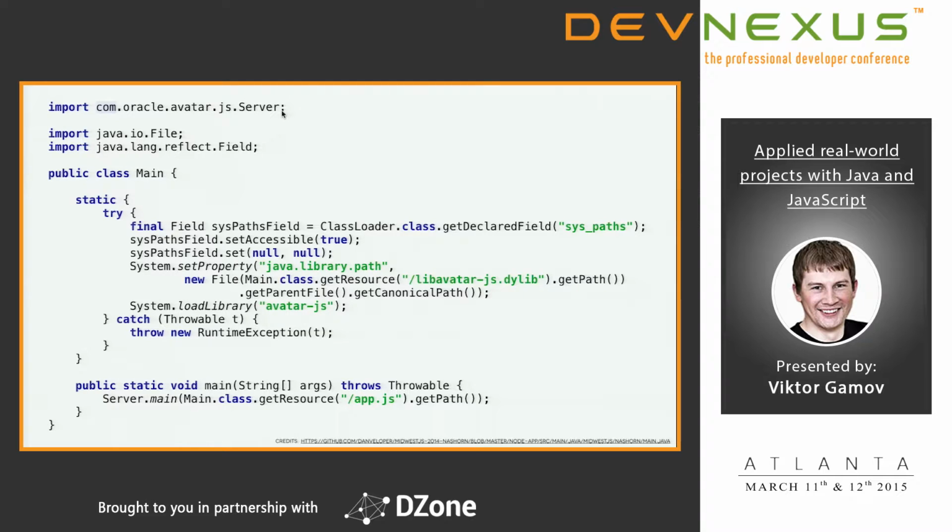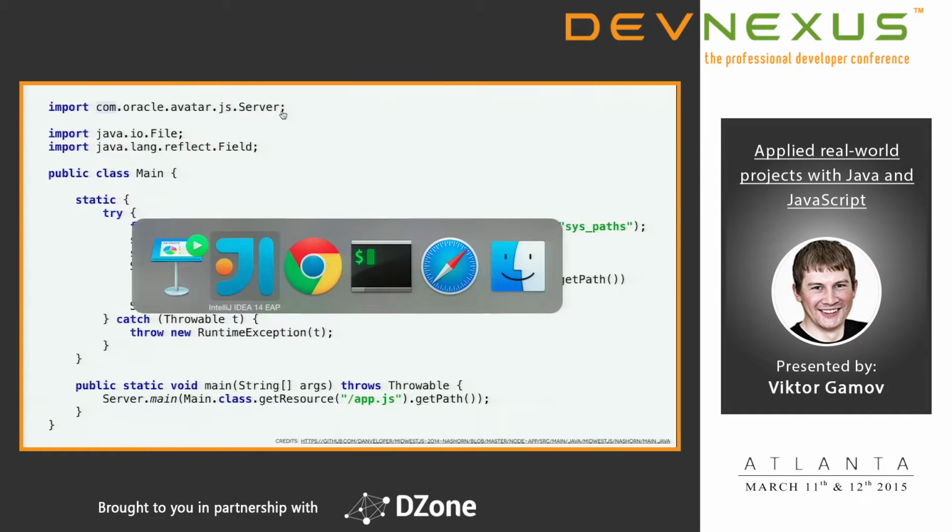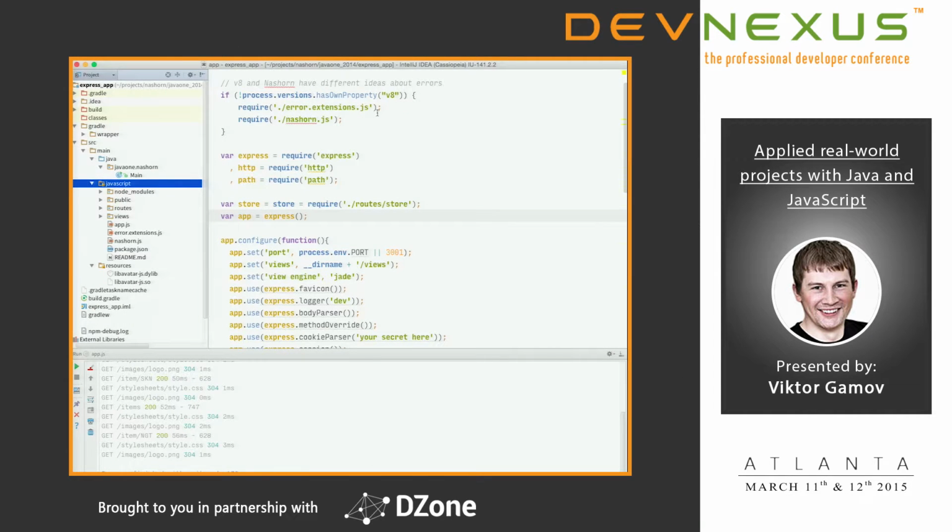So it's not Java anymore. It should be compiled, or a binary should be provided. And when this library is loaded, we can still use the Node application, app.js, to start. And actually, it works pretty well.